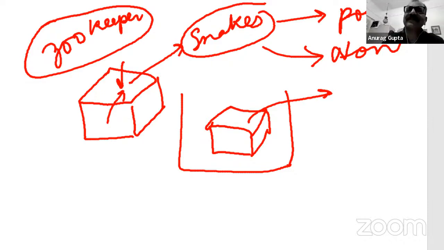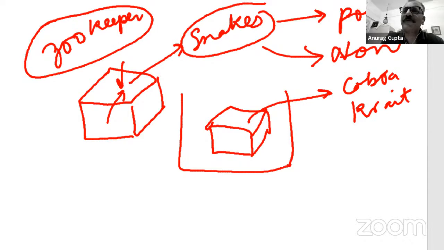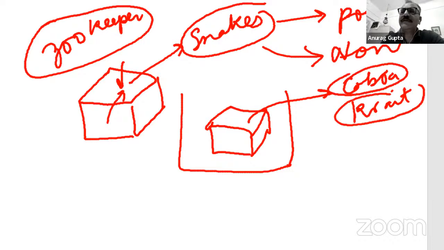Maybe this snake is a cobra, maybe a krait, if it is poisonous, or maybe some other poisonous snake. So in your room, you have an antidote for cobra, you have an antidote for krait, and you also have an antidote which deals with all the snake poisons.